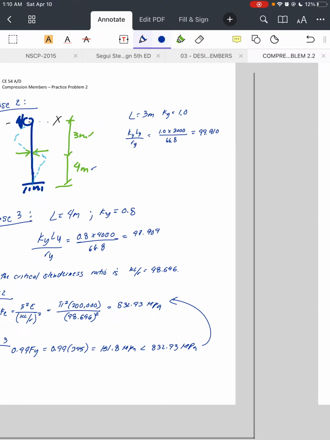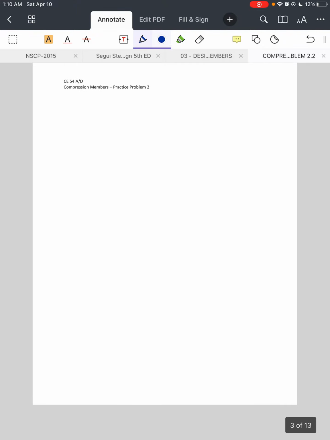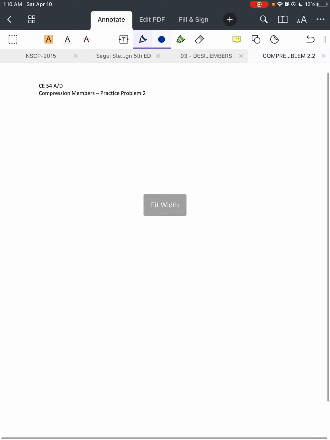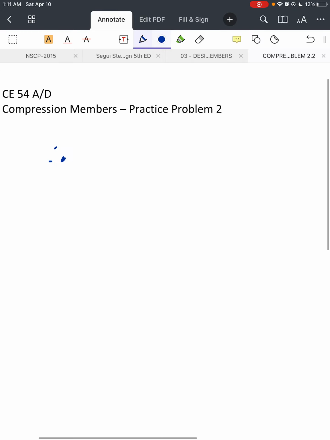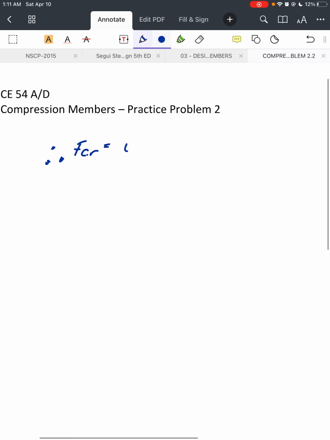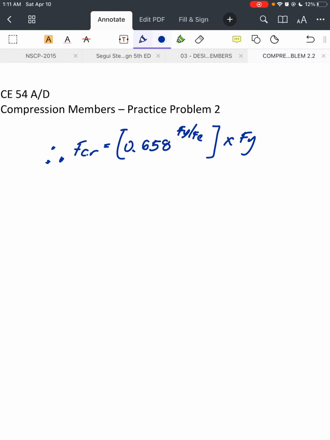So ibig sabihin, our FCR is equal to 0.658 raised to Fy over Fe times Fy.